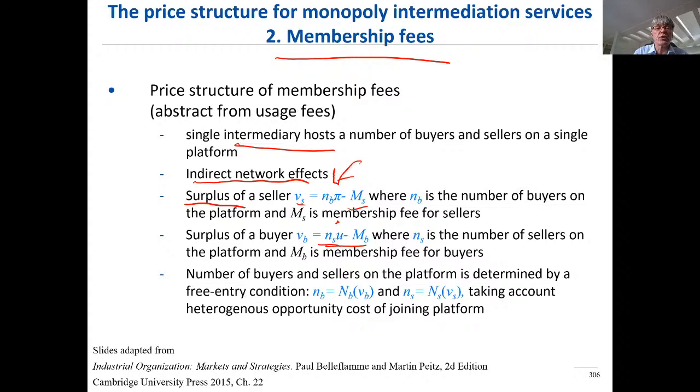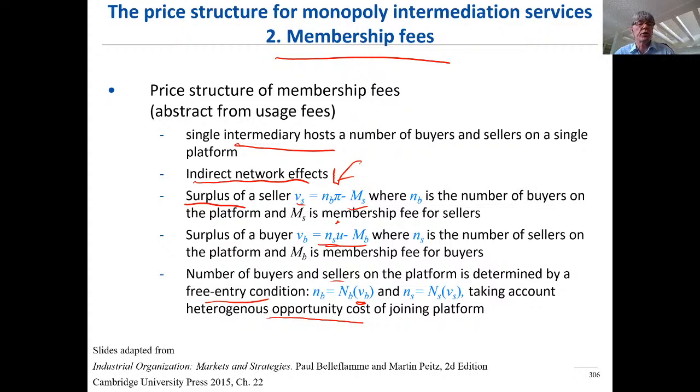So of course, somehow we need to determine how many buyers and sellers we have on the platform, and that's determined here by Armstrong in his model by a so-called free entry condition. It just means that the number of people on the platform will be higher if their surplus is higher. Okay, and that holds both for buyers and sellers, and we get a unique number if we assume some heterogeneous opportunity cost of joining the platform.